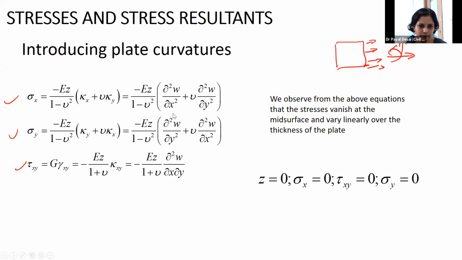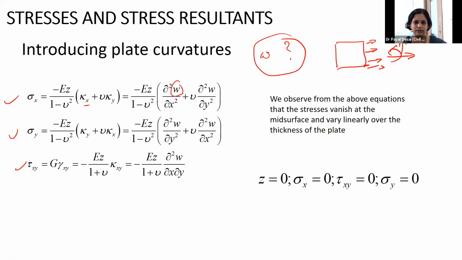So I have already replaced those equations here. It is not a great thing. You simply introduce those equations here, in place of strain introducing those curvature equations in terms of displacement W, because ultimately my problem of plate analysis results in finding out how much is W, that is the deflection.